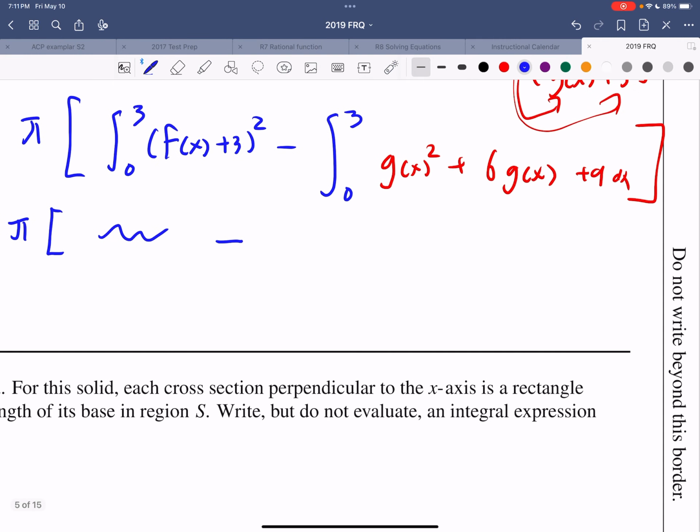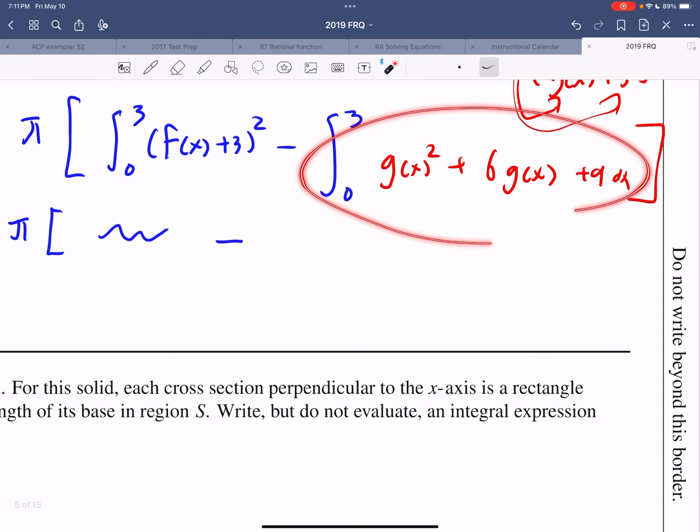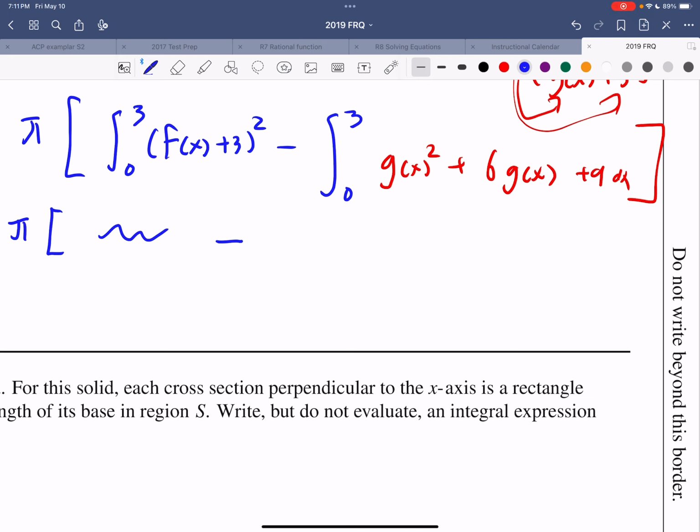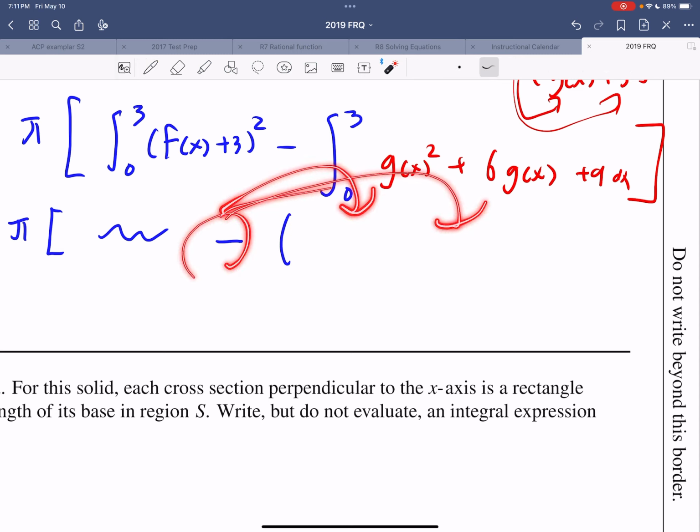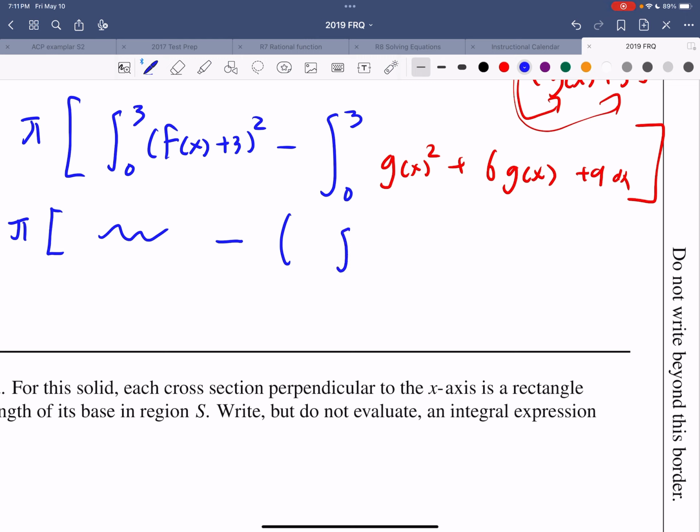Minus, now, do you see this one? I'm going to use big parentheses here, because this negative will go here, here, here. This is the same thing as the integral from 0 to 3 of g of x squared plus 6g of x plus 9 dx.